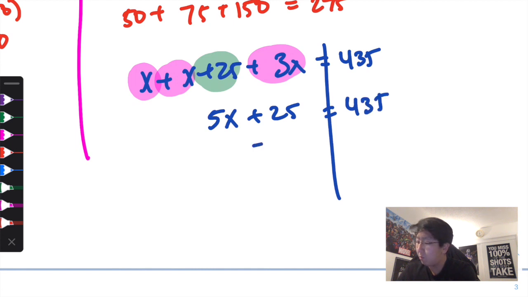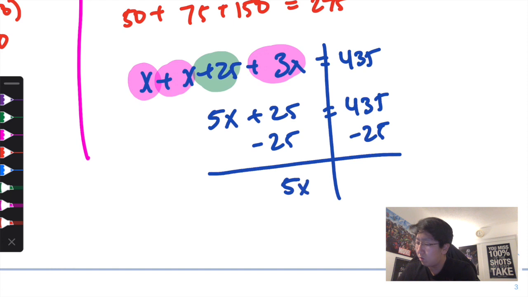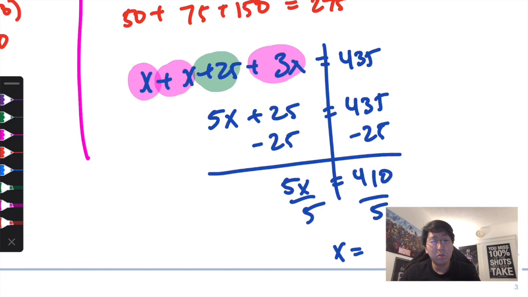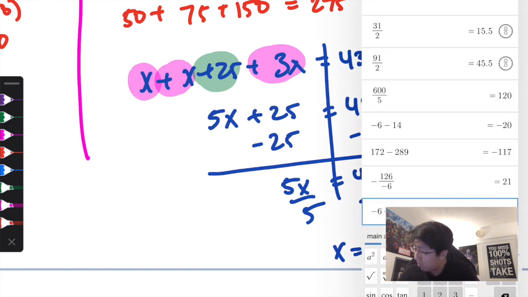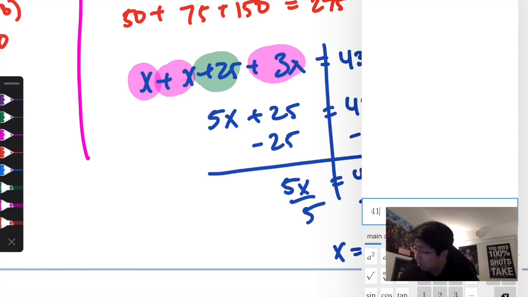Subtract 25 from both sides. 5x equals 410. Divide both sides by 5. X equals 410 divided by 5. 82.